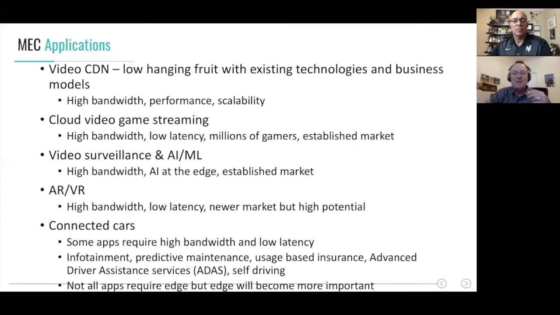There's predictive maintenance, telling you when the car is going to need maintenance, usage-based insurance, and what we call ADAS, or advanced driver assistance. Now, I should point out that not all these apps require edge computing, but we are seeing drivers in connected cars that are going to be pushing us to the edge in the future.